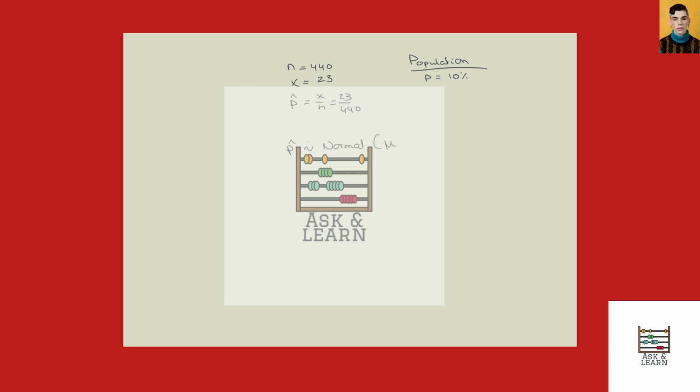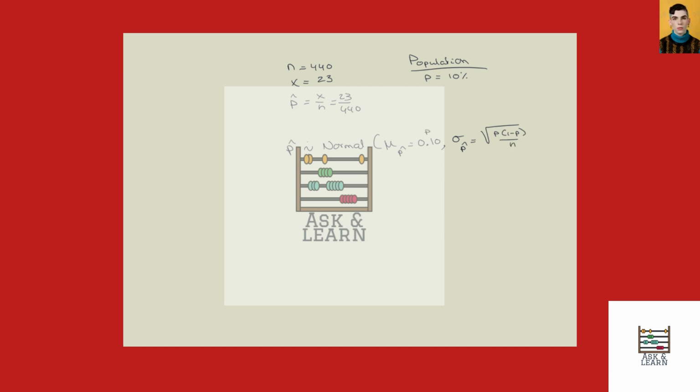with the mean for p hat equal to your population proportion, so 0.10 or 10%, and your standard deviation for p hat is going to be the square root of p times 1 minus p over n.